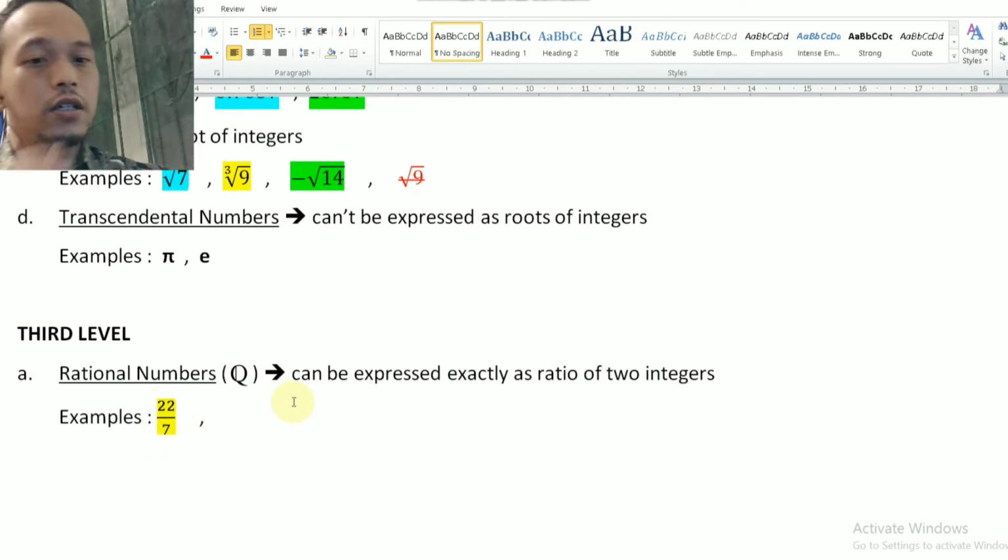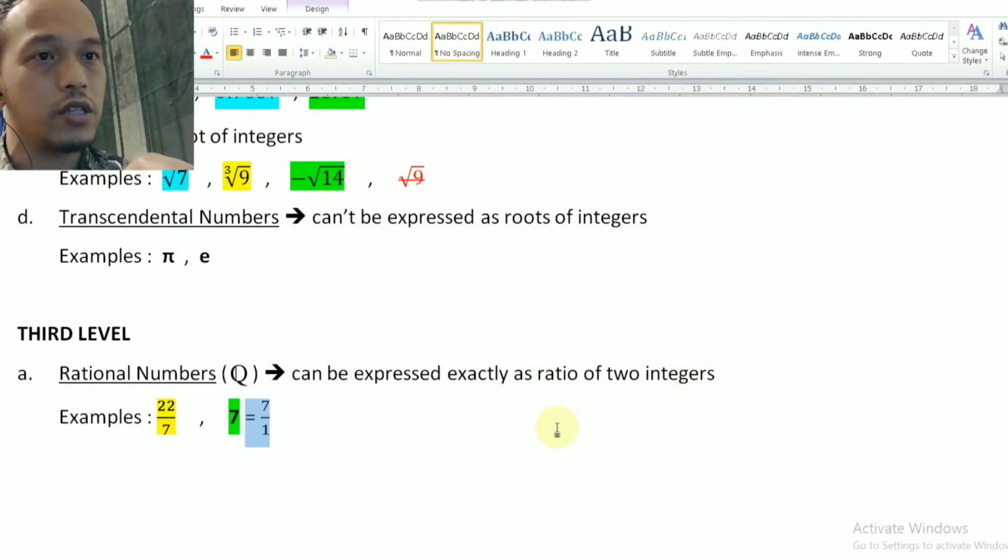Don't tell me that 22 over 7 is pi, since it is not pi. It is just an approximation value of pi. How about 7? Mr. 7 is not a ratio of the integers? No, that's wrong, since actually 7 can be expressed as a ratio of the integers.